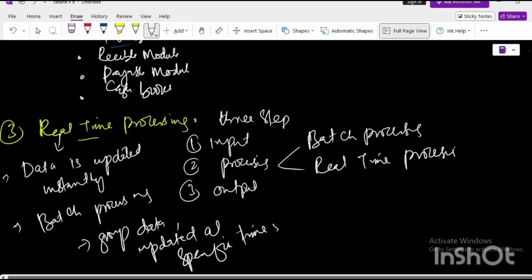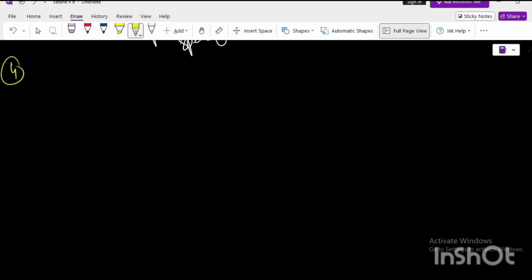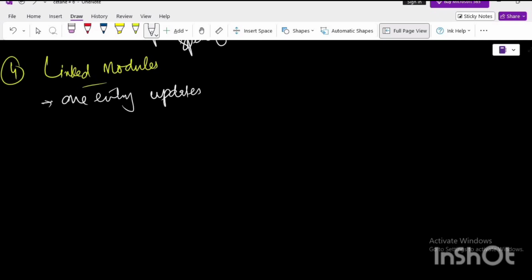We have to discuss another feature, and that is feature number 4, your link module. So this means that one entry updates all linked areas.